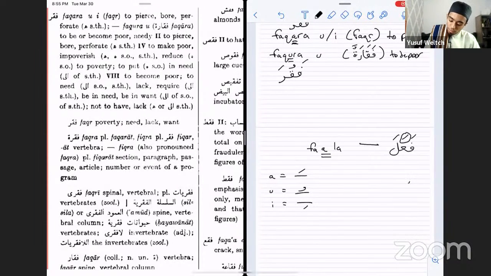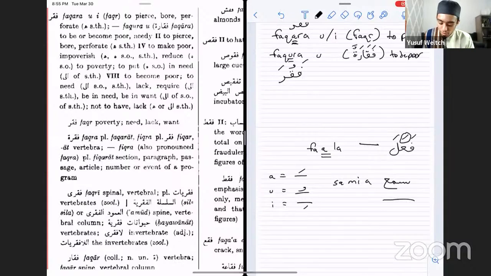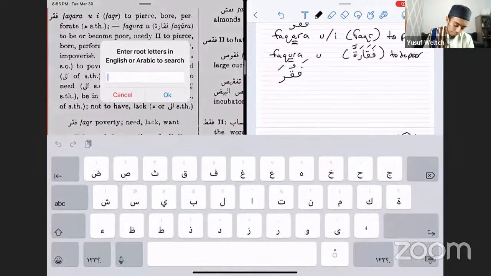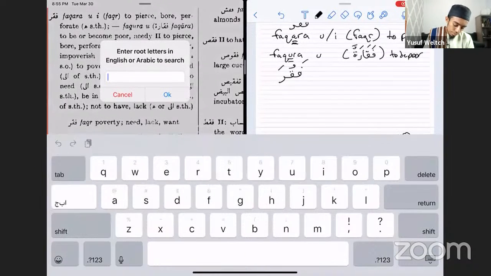Okay, so if I had this word and I saw in the dictionary in English, it said this, how would I write the Arabic vowels for this word right here? If we search for this: سميعة.